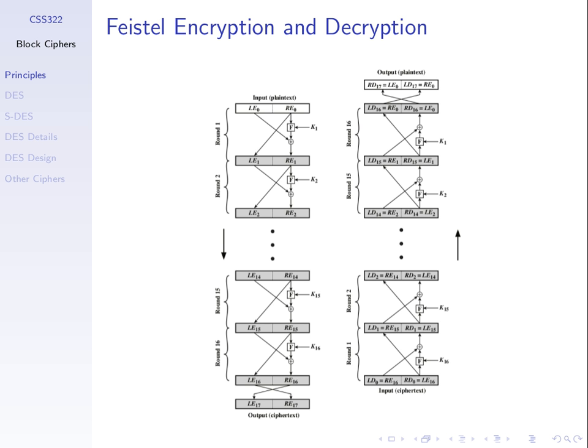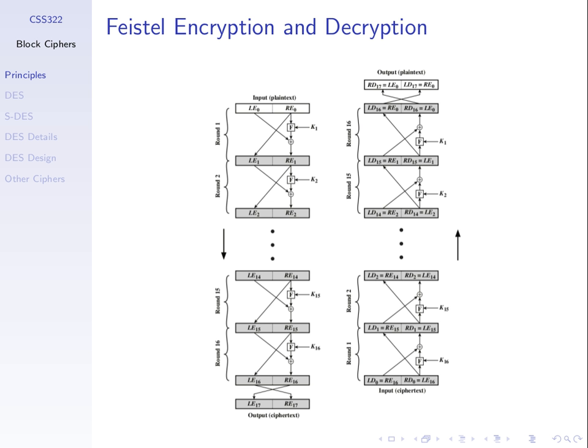With decryption, you take the halves, apply some function, XOR, swap, and do it again. In fact, decryption can be the exact same steps as encryption, except use the round keys in the opposite order. The benefit here is implementation. I can implement the encryptor and use it as a decryptor as well. So I cut in half the complexity or the size of the implementation. So that's one of the benefits of this structure.